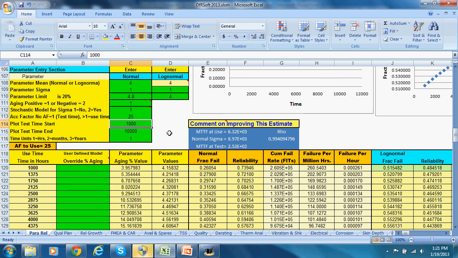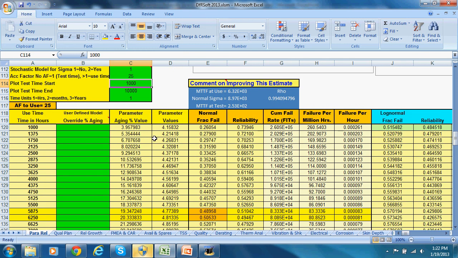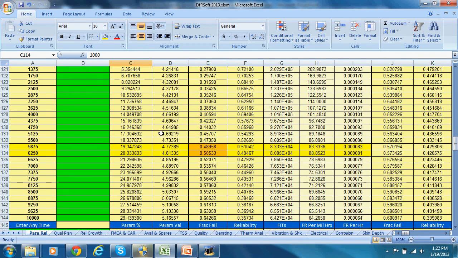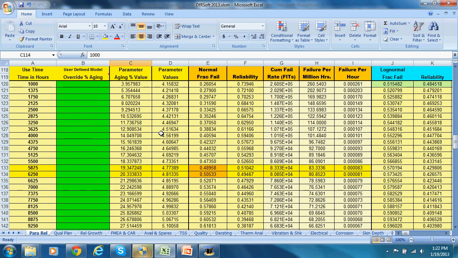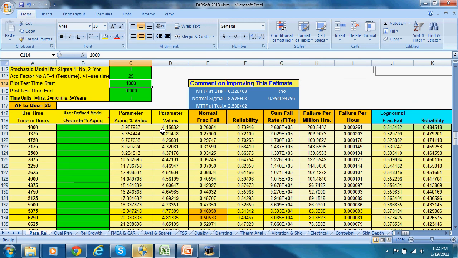If we're talking about use conditions, because we put in our acceleration factor, you might be interested in the first 10,000 hours, so you can plot from maybe 1,000 to 10,000 hours here, or you may want to find your mean time to failure. DFRSoft will display the results here. You also want to indicate whether you're working with time in hours, months or years, and that must be the same as when you found your parameters A and B.